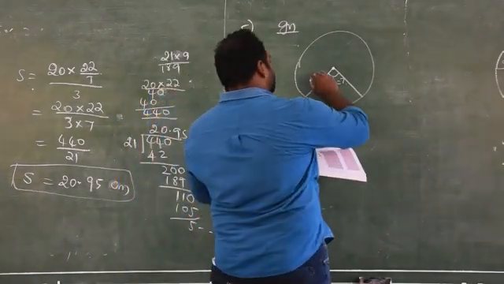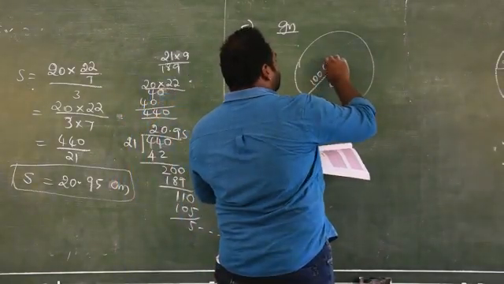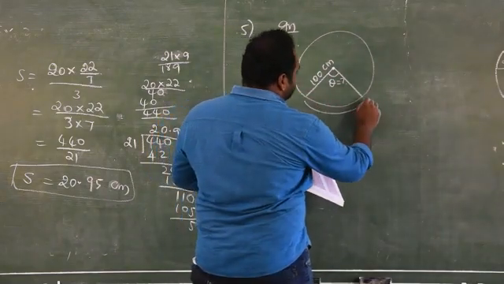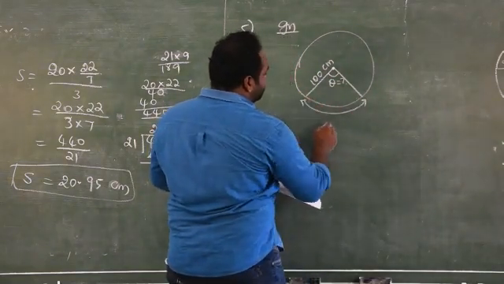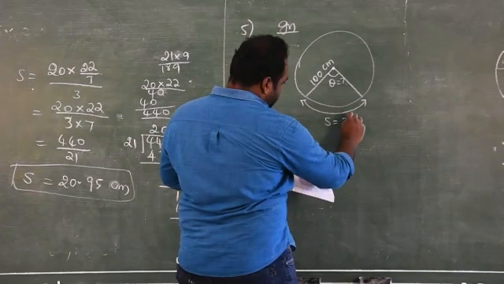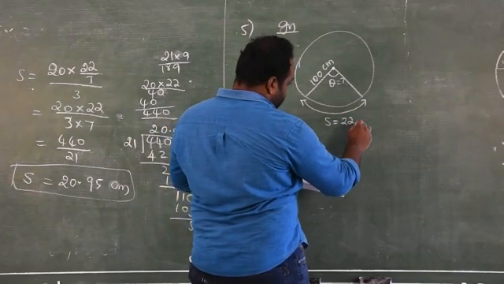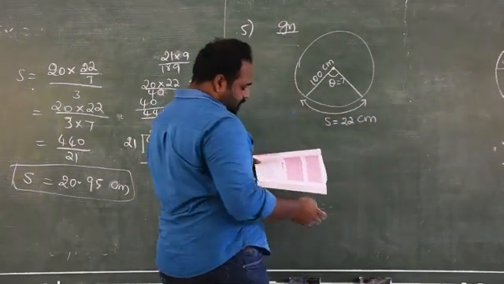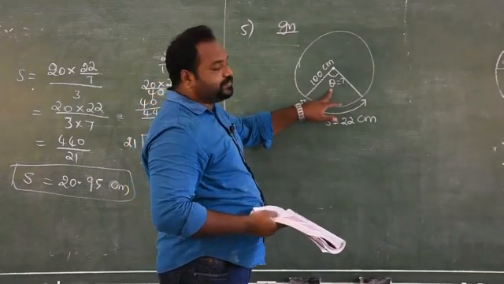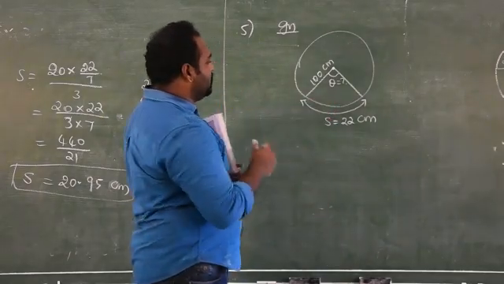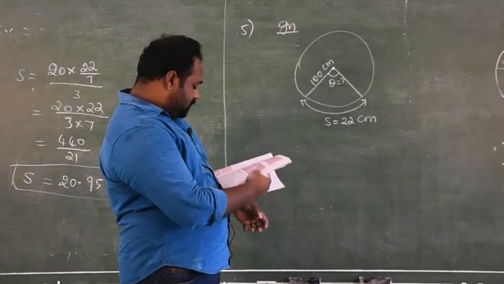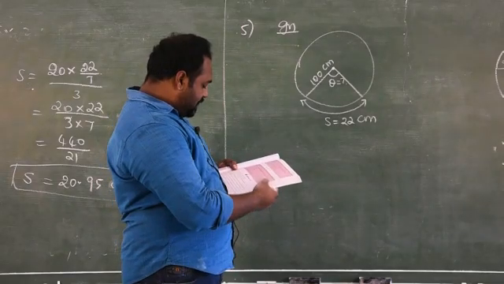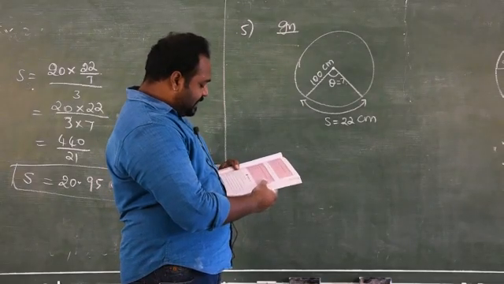The radius is given, 100 centimeter. The length of this minor arc is given, S is equal to 22 centimeter. Using this, they are asking to find the theta value. We know how to find the theta value. The theta value is supposed to be given in degree measurements.